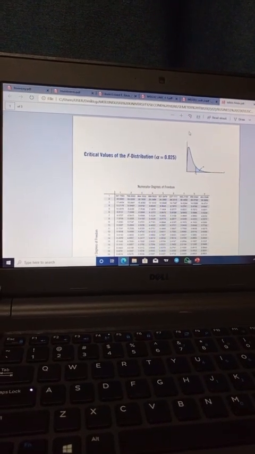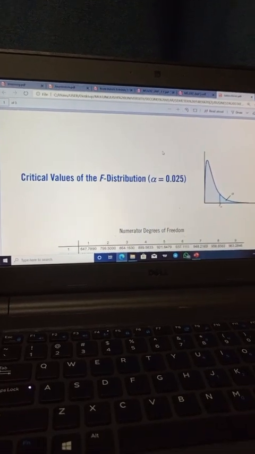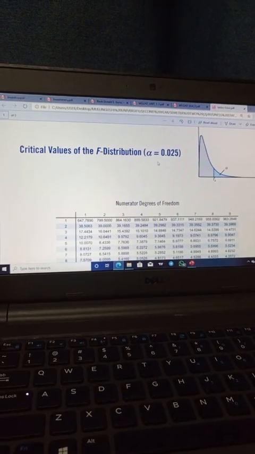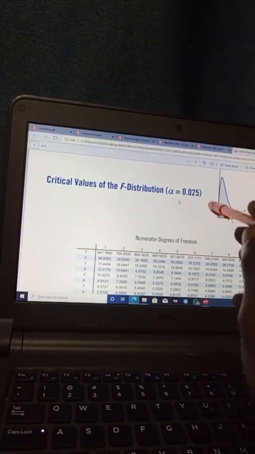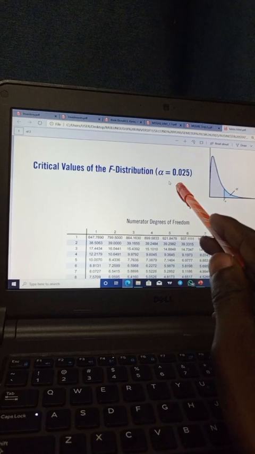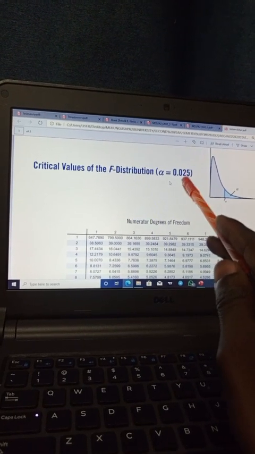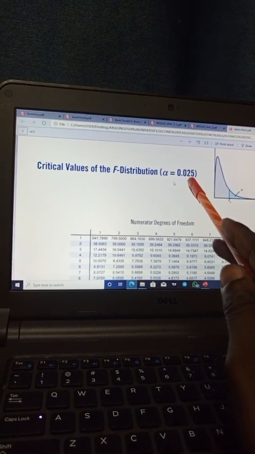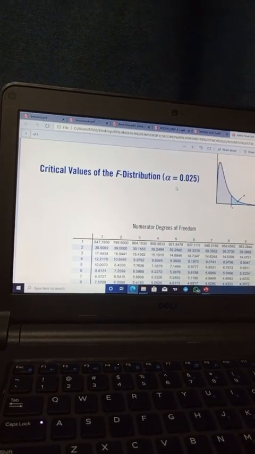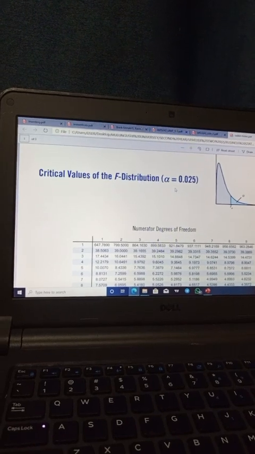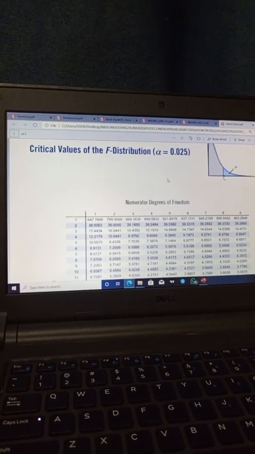When you look at your Fisher's table, this is how it will appear on your screen. There are a lot of Fisher's tables, but you should always take into consideration the alpha that you are going to use. For our studies, alpha is 0.025. Remember, this 0.025 came as a result of dividing 0.05 by 2.